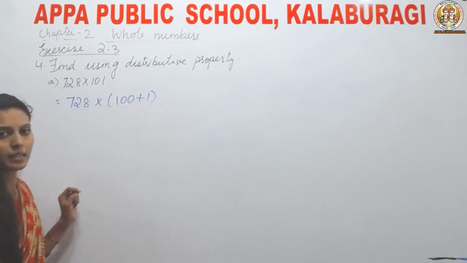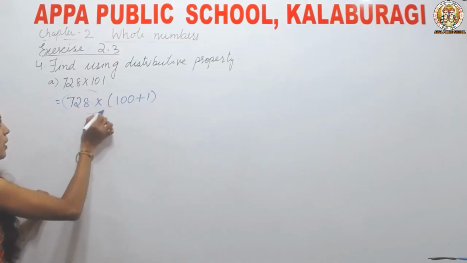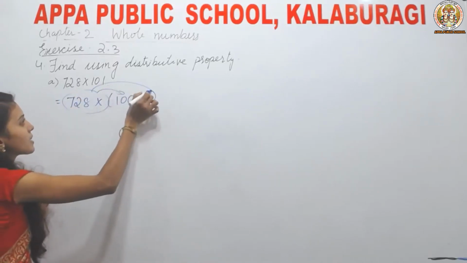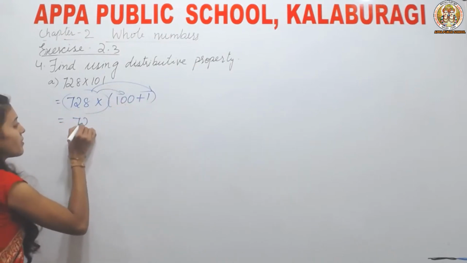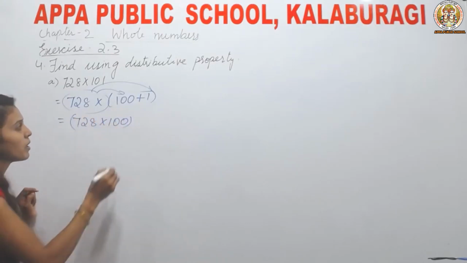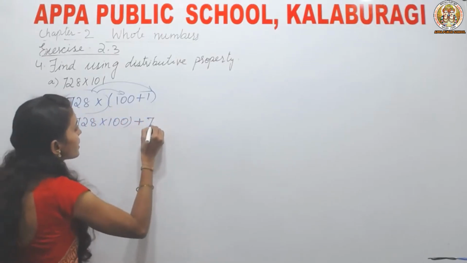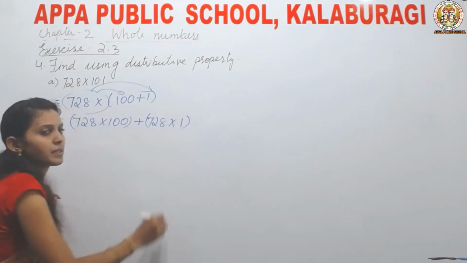I have split it. Now distributive property. So I have to distribute this one to this and this, both. So what I'll get? 728 into 100, this is one group, plus 728 into 1, this is another group.